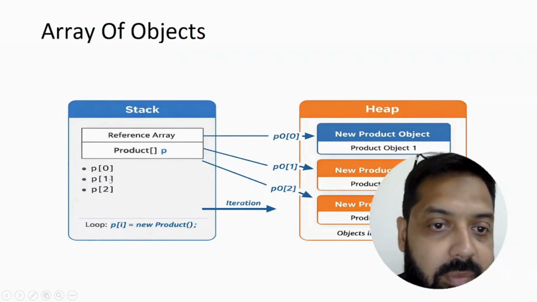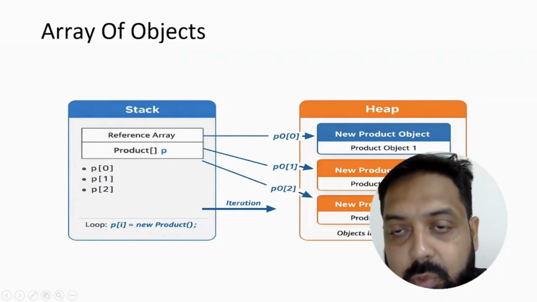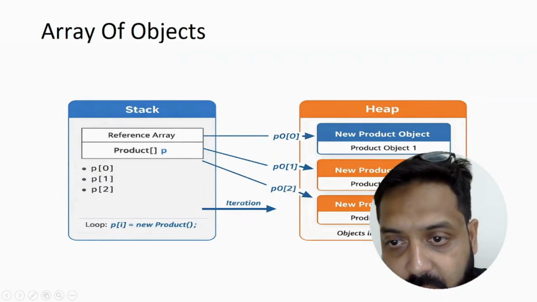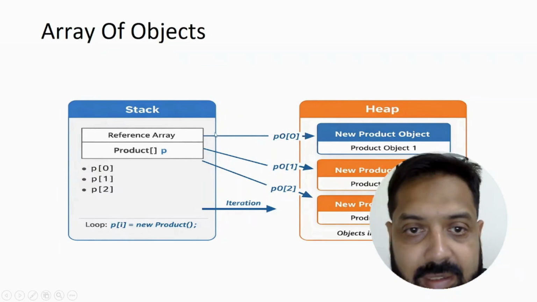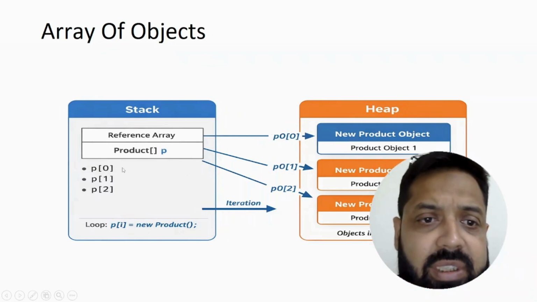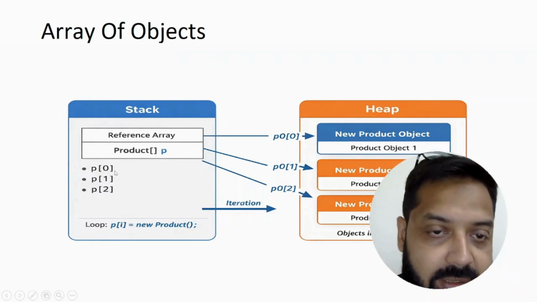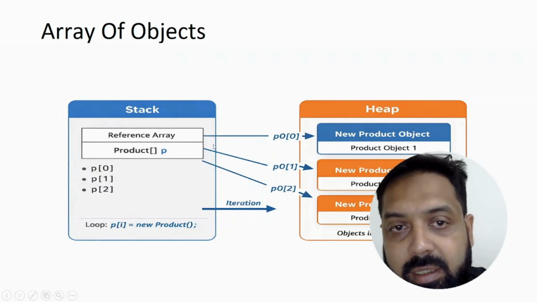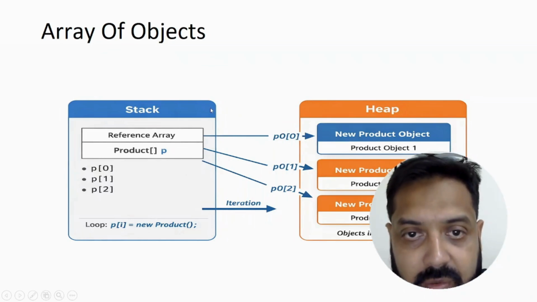Similarly, p1 contains the reference for product object 2, and p2 contains the reference for product object 3. So these addresses are stored in 3 different reference variables. That is the way array of objects is created in Java.